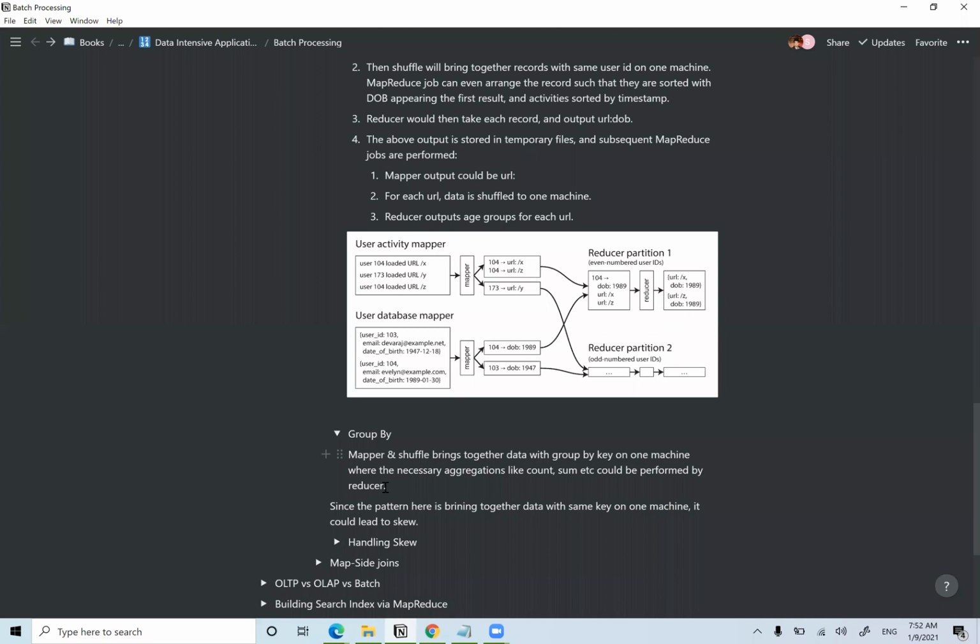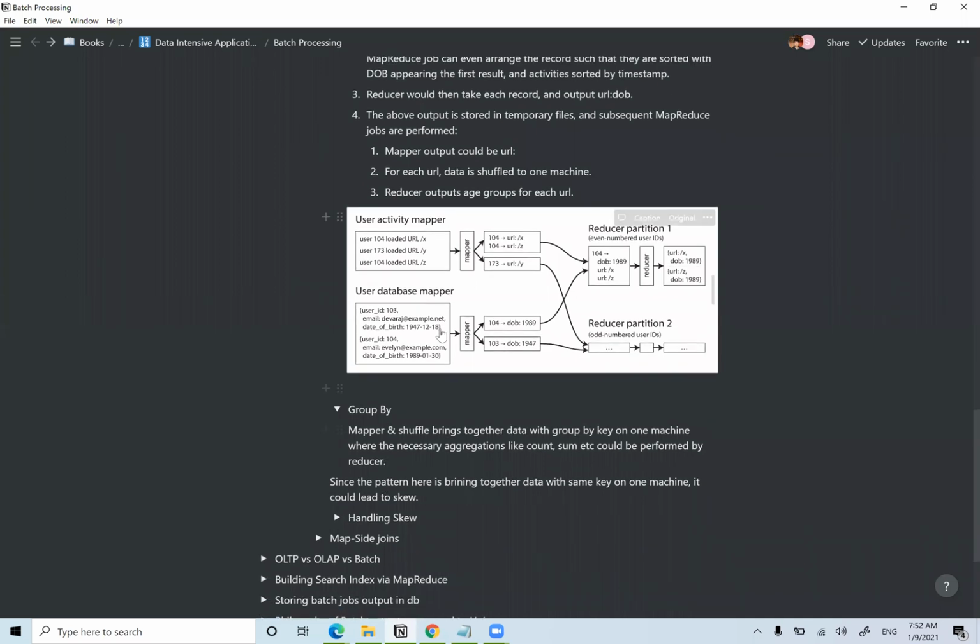Again, it's very simple. In the example where you want to group your data by user ID and then get a count of total page views, your mapper will map your data based on user ID, and shuffle will bring together all the logs with that key on one machine.